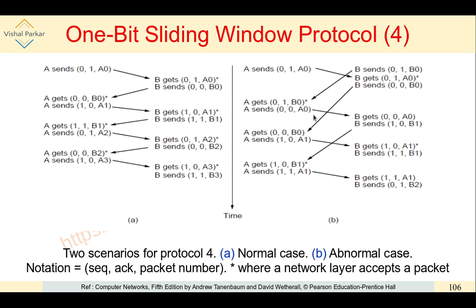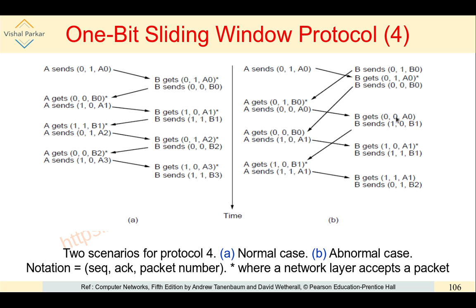Now here, that frame is just received by B. B gets 0, 0, A0, which was just sent. But as a frame with sequence number 0 was already received, it is discarded, and that's why this frame is not given to the network layer.